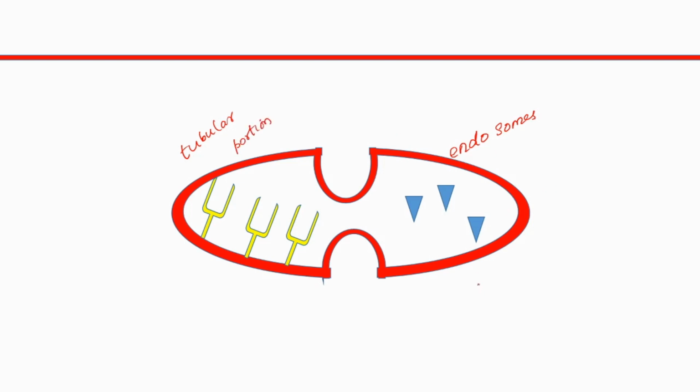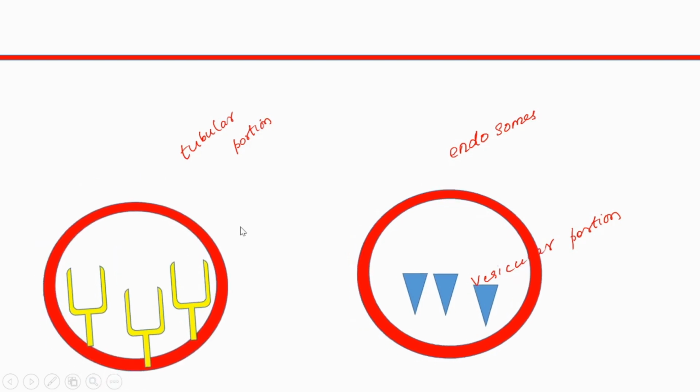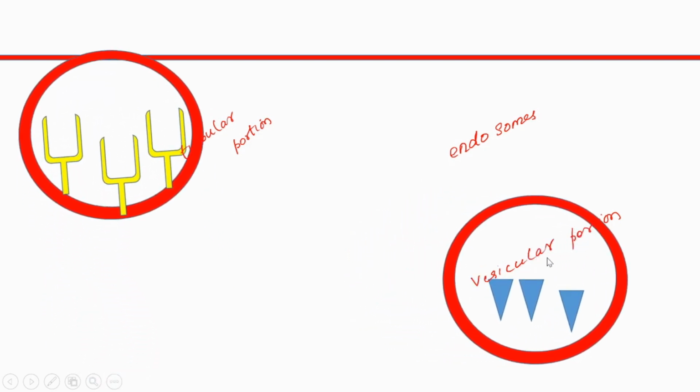And the portion having the ligands is called the vesicular portion. Then they detach separately, and the tubular portion recycles back to the plasma membrane, and the vesicular portion proceeds further to deeper portions of the cell.